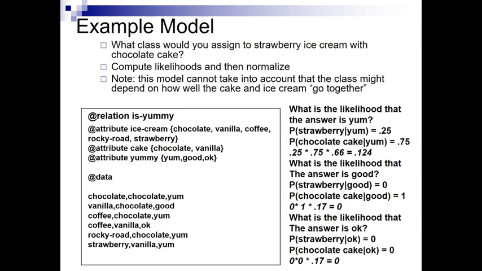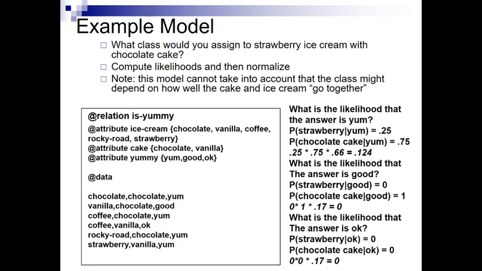And we can do the same thing for each one of our class values. But we never saw strawberry ice cream with good. So that count is 0, so that conditional probability is 0. Therefore, when we multiply out that likelihood, we get 0. Similarly for okay, we never saw strawberry with okay, and we never saw chocolate cake with okay. Both of these come out to 0.